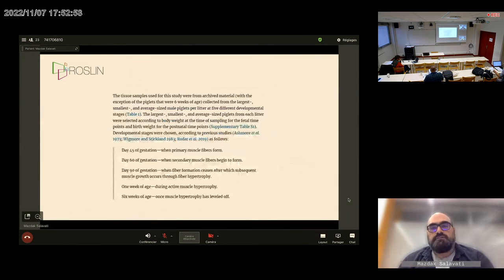The idea of the study was to utilize some archived muscle tissues from piglets that were collected in 2015, 2016, alongside some other samples freshly captured in 2018, to create a developmental timeline of muscle development in pig tissues. The reason is economically relevant traits in pig production, and these points were chosen given specific weighting.